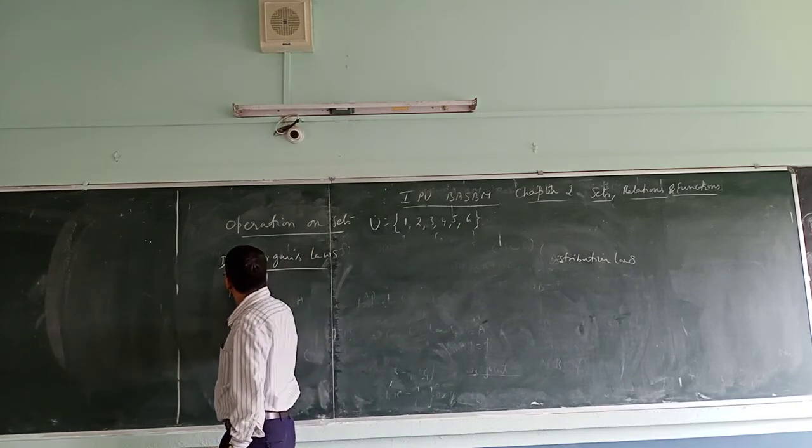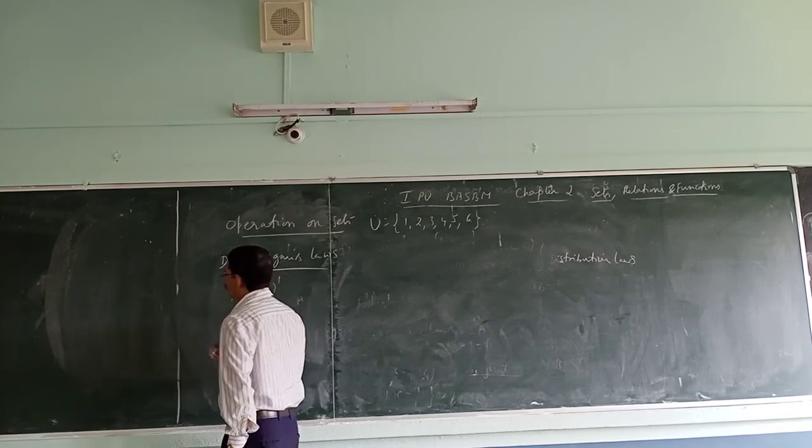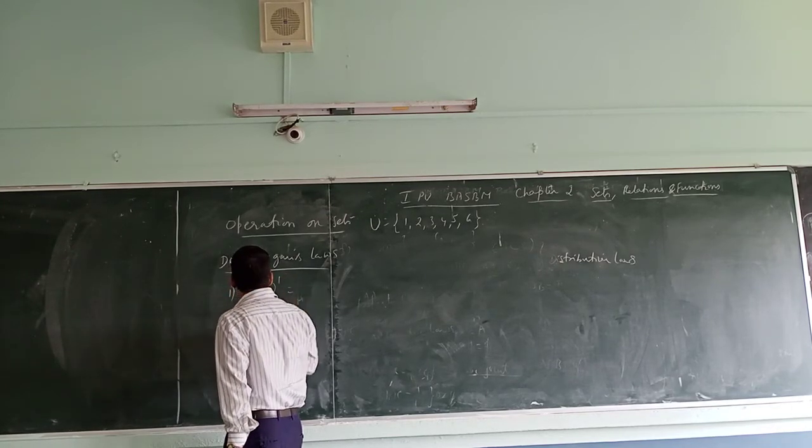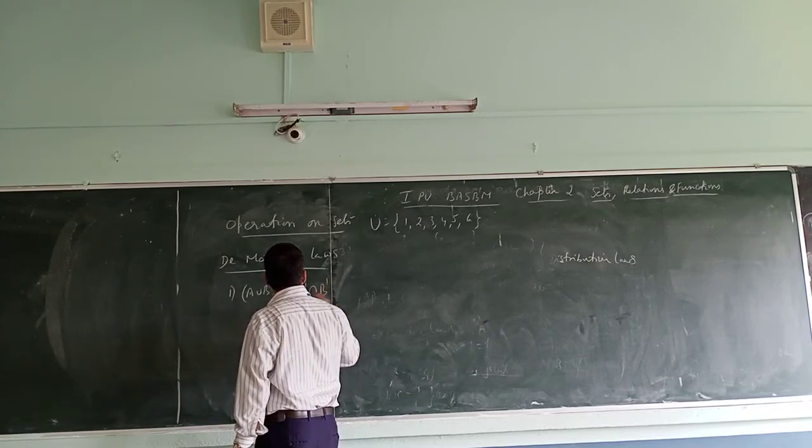First one, (A union B) whole complement equals A complement intersection B complement.